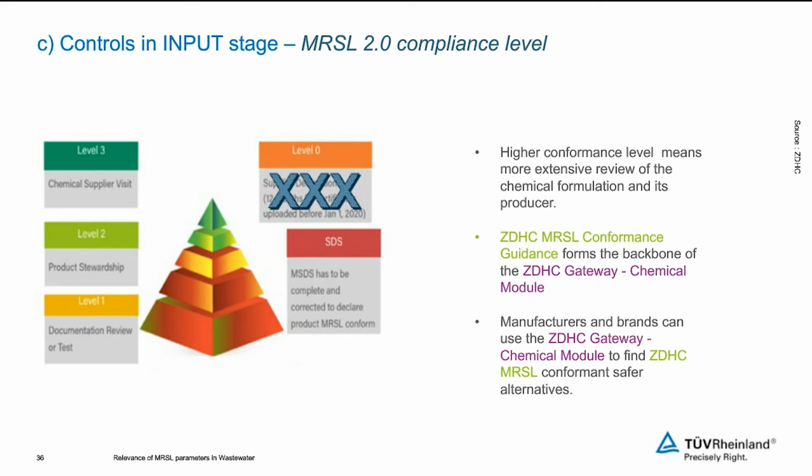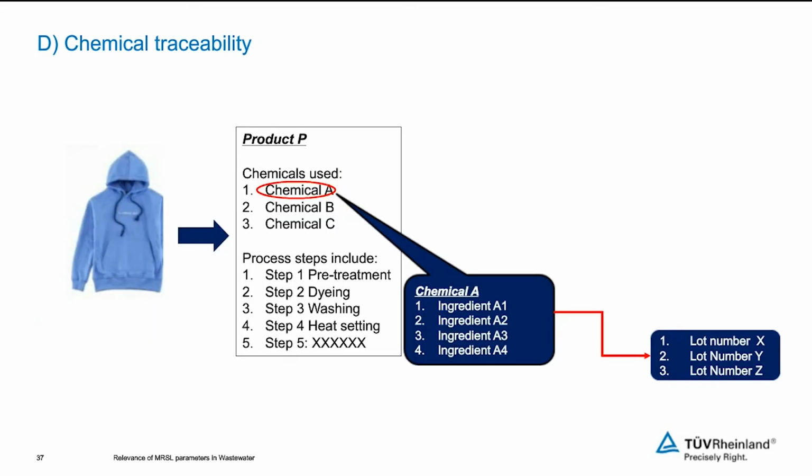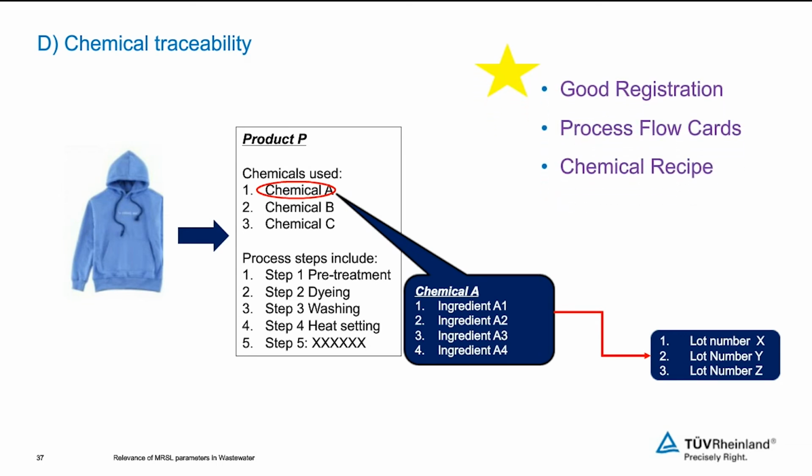For a successful RCA, chemical traceability is also very important. Traceability means you can track used chemicals from the final product, for example, a coat, to the chemical inventory, where the ingredients of chemicals, even low-number chemicals, are shown. A good chemical registration, process flow cards, and chemical recipe are the foundation of good chemical traceability.